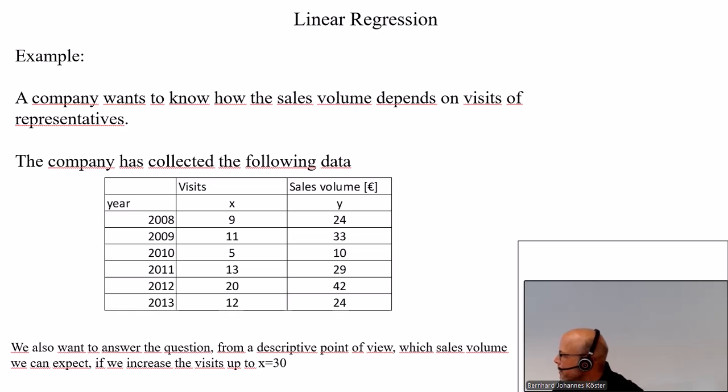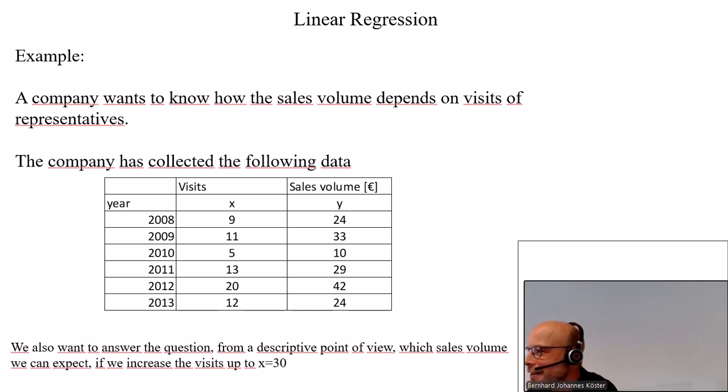you are given some data, and here I took the example that we have the data of the sales volume in some year, and then we think, well, there is always a guy going around and asking, do you want to buy my things? So it is just ringing at your door.